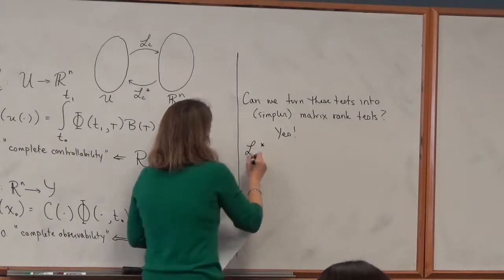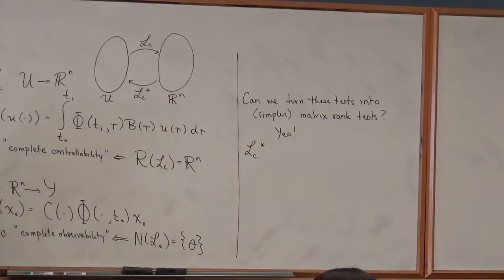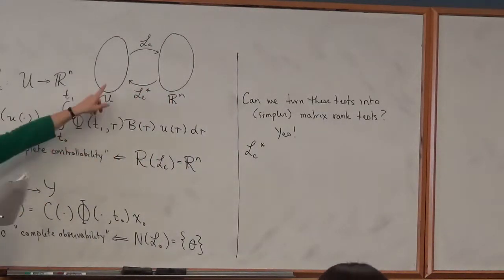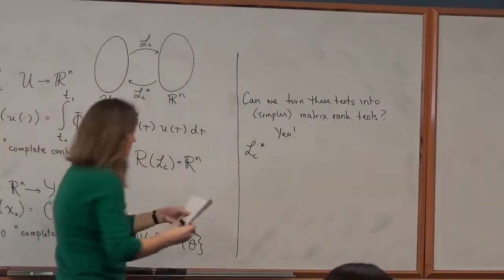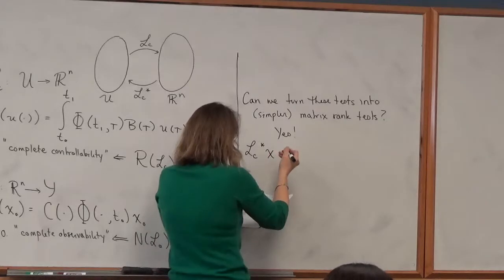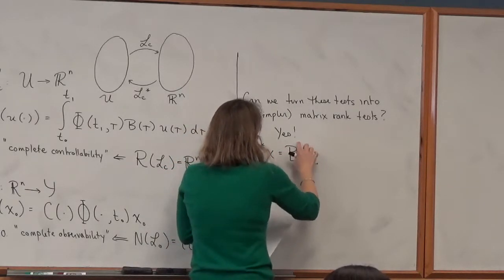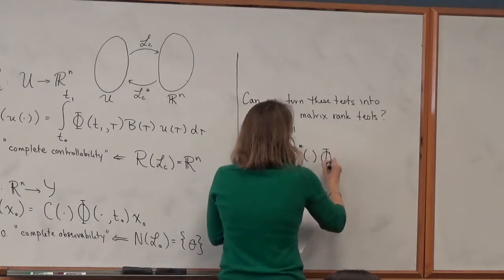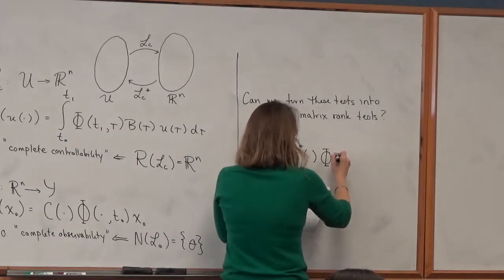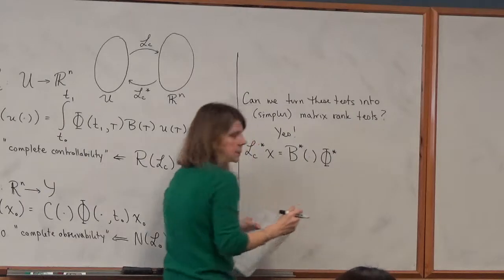So what is LC star? LC star's domain is Rn, so it takes a vector x, and it's going to give us a function u from t0 to t1. All right, so this is what we computed last day. We actually used it as an exercise. Instead of calling it LC star, we called it A star, but we did that exercise, and you see it there in lecture notes 17.